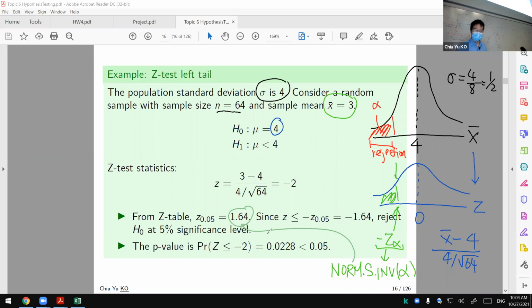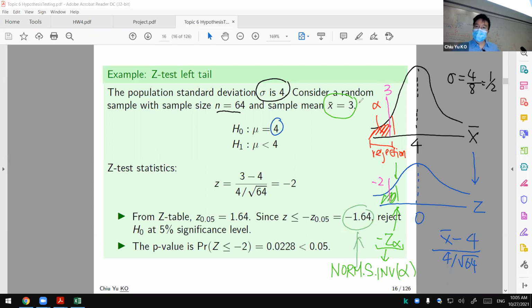If we use alpha as 5%, the critical value is negative 1.64, because on the left hand side is negative 1.64. Remember, you do the calculation and your data turns out to be, this is the rule. You get the data, then you convert it to here, which is -2.